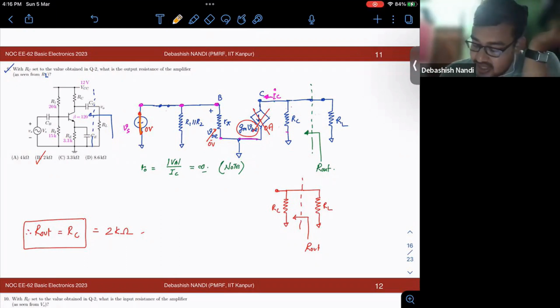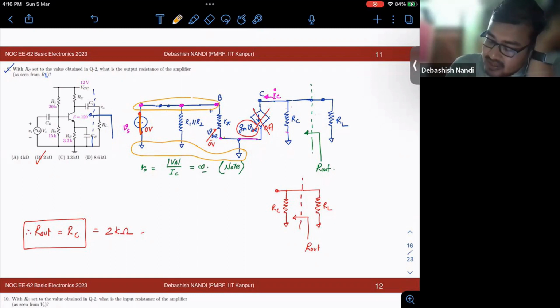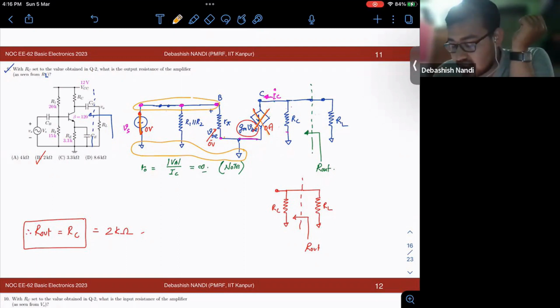Your Vs was equal to VBE, because as I mentioned, these terminals and these terminals are the same, so the potential across this will also be the same. So my VBE will be 0. If my VBE is 0, that means this current is also 0, because it is a controlled source, gm VBE.